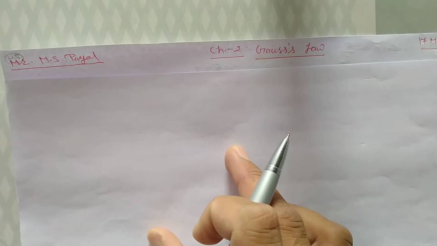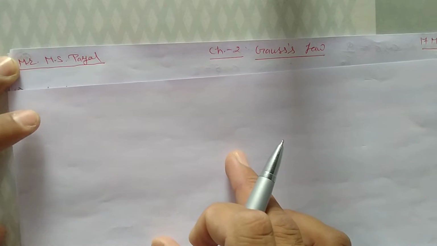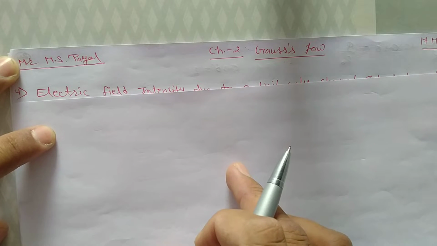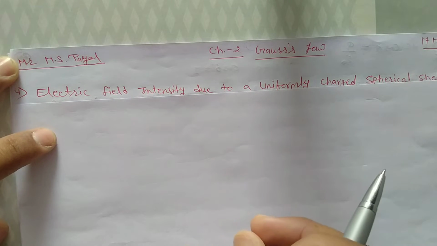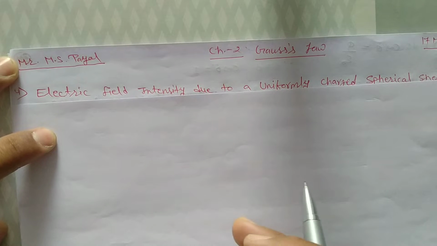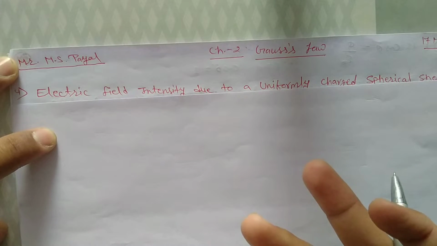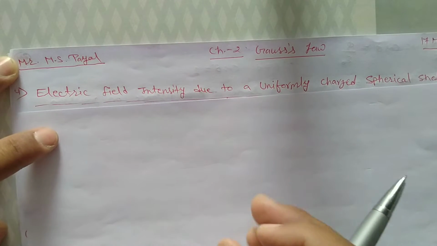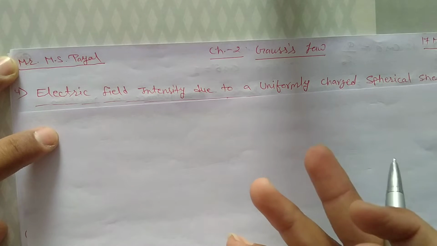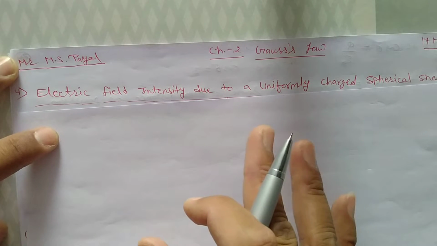Our chapter number 2 is going on, which is Gauss's law and its applications. Yesterday, we discussed some applications of Gauss's law, like electric field intensity due to a uniformly charged infinite plate and a uniformly charged non-conducting and conducting plate.